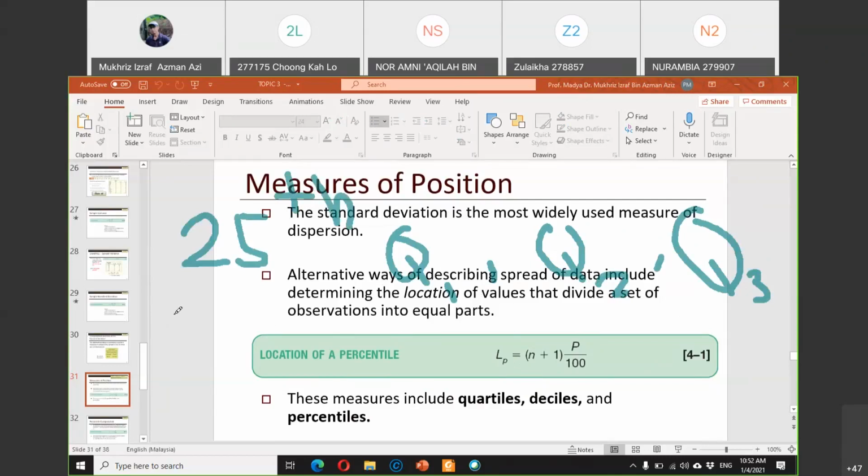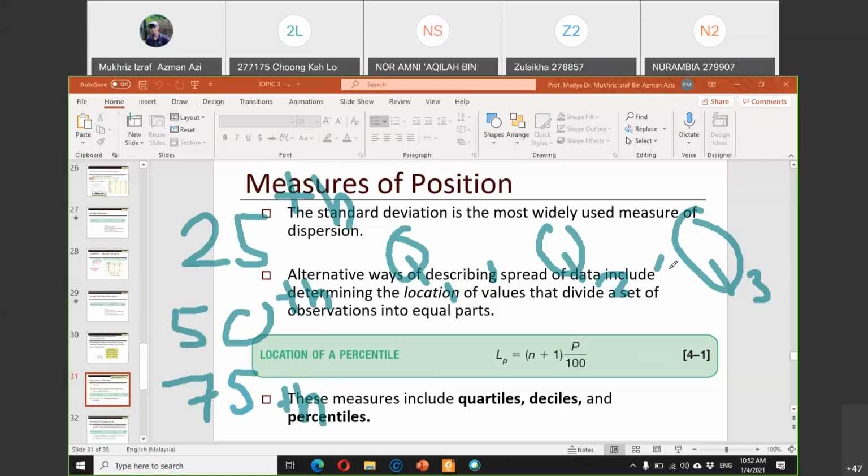Q2 is the 50th quantile, or in other words the median, the value at 50%. Q3 is the 75th value, the value at 75% of the data. So these are the common ones, Q1, Q2, and Q3, which is what we usually refer to.